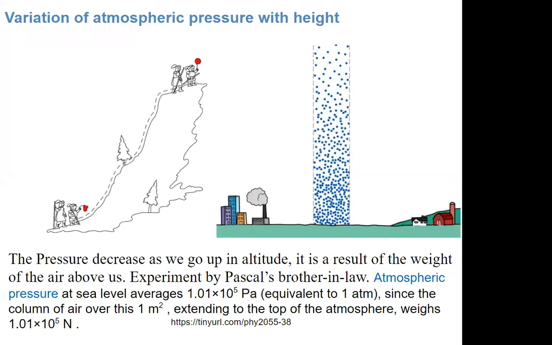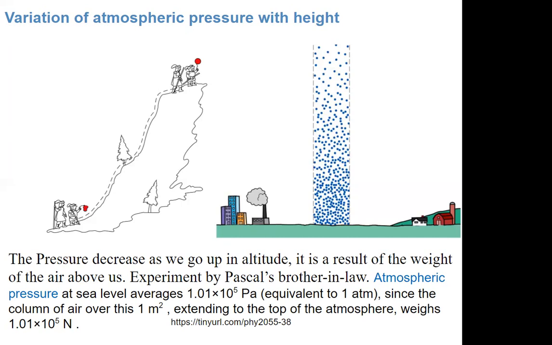So I think we have checked on liquids specifically, but as we mentioned at the beginning of the chapter, air is also a fluid, so similar ideas apply to air. At the surface of the Earth, the atmospheric pressure is actually the weight of the air molecules above us divided by the area.